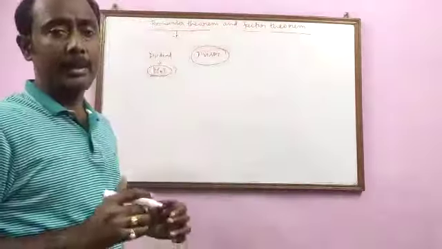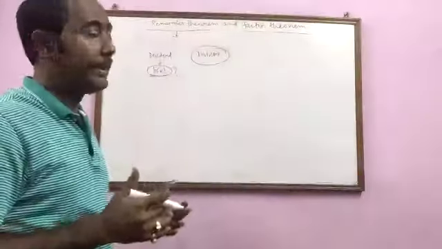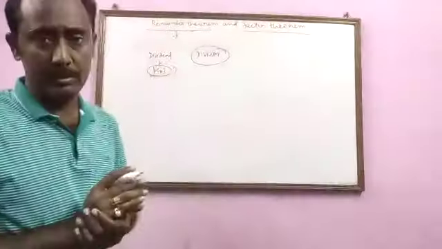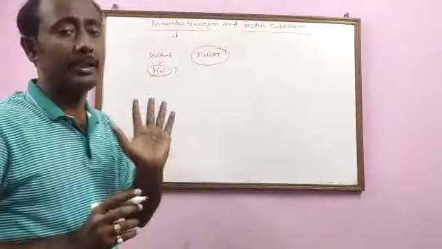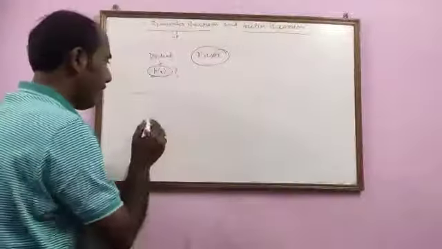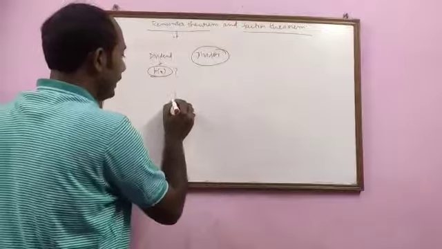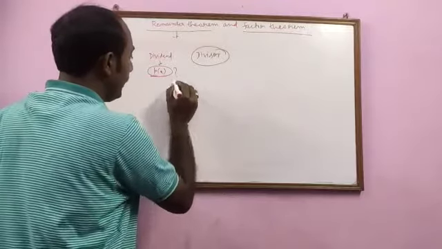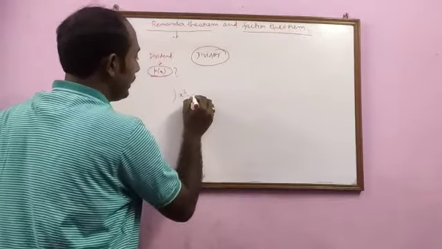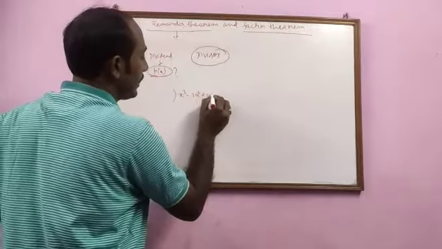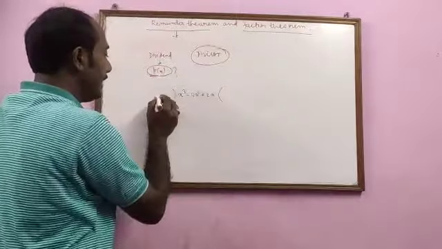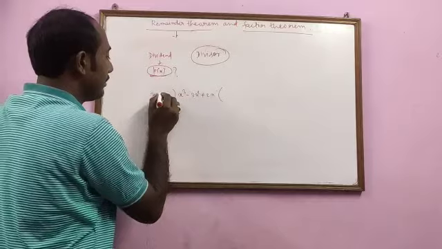The divisor means by what factor we are dividing a polynomial. These two things you have to understand properly. Say, for example, if I am taking the dividend part as x cube minus 3x square plus 2x, and I am dividing it by, say for example, x plus 4.